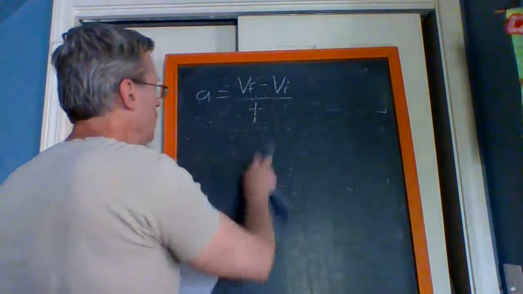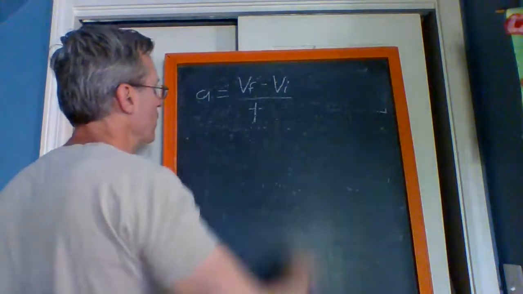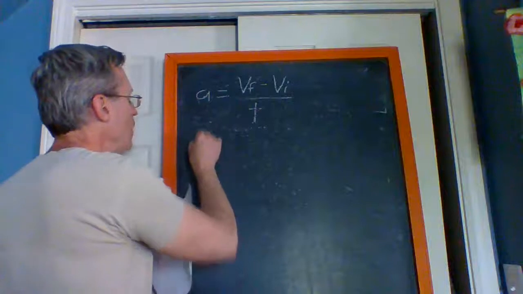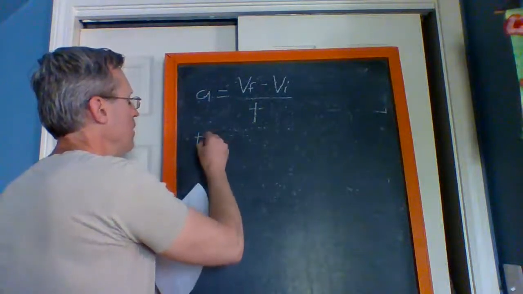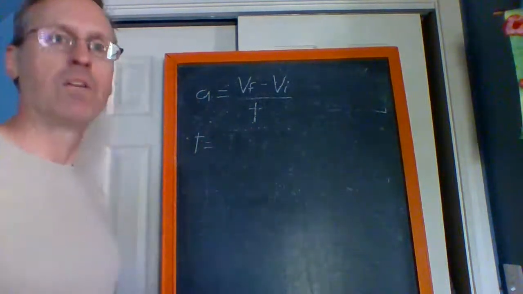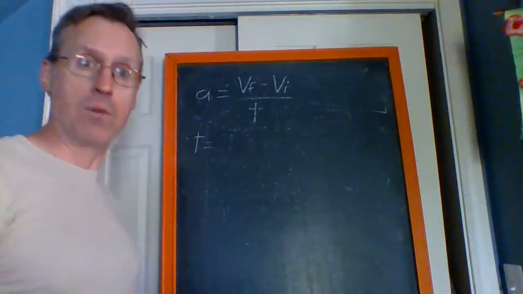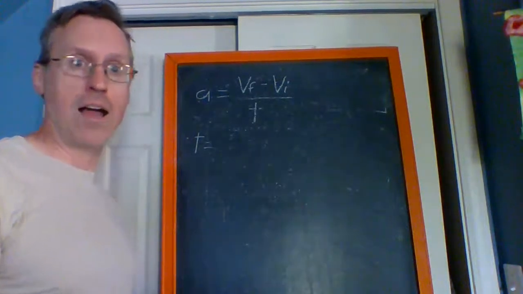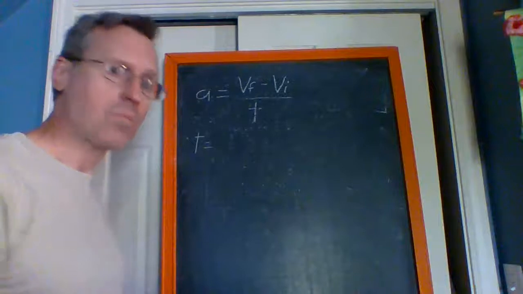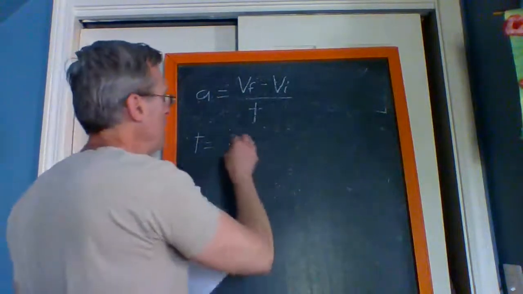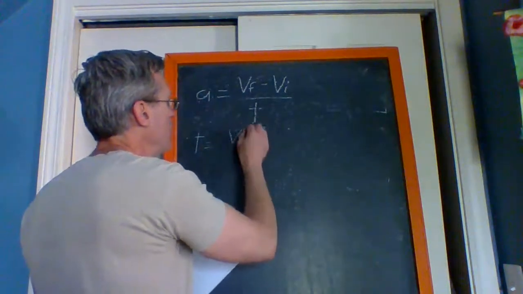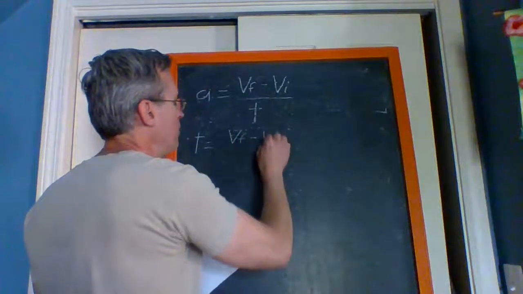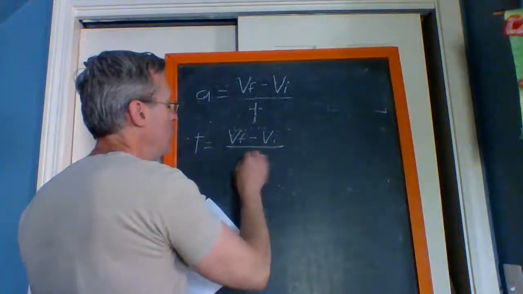I'm going to leave this equation up there, and if you rearrange it to solve, and I'm using the word solve because your math teachers taught you algebra, to solve for x or solve for y, if you were to solve for t, you would get t equals vf minus vi divided by a.